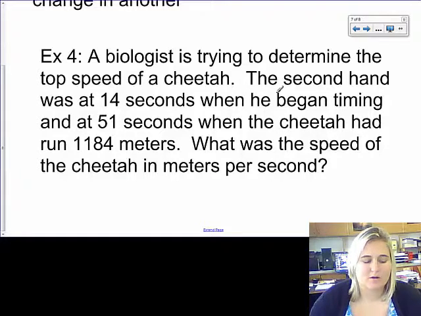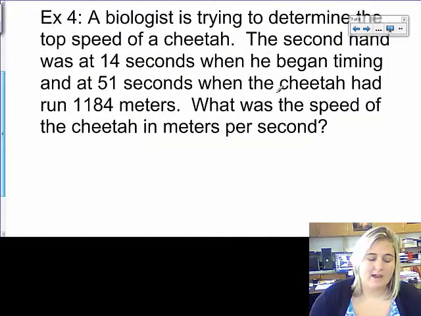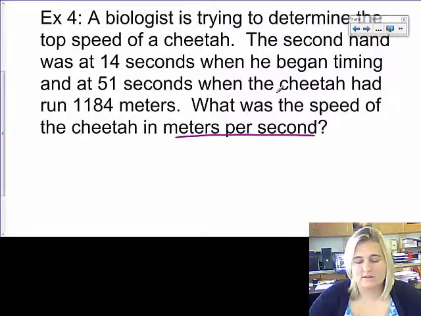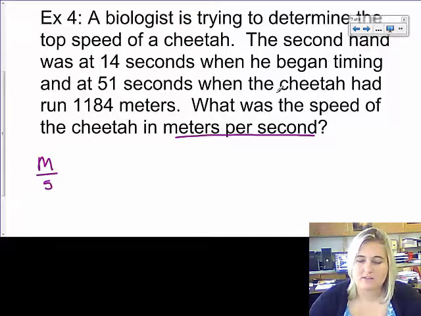So, first of all, some things that we need to think about. Meters per second. How would I write that as a fraction? I hope that you're thinking it would be meters per second, because it should be. That means meters are going to be on top. So I'm going to have 2 points, okay?